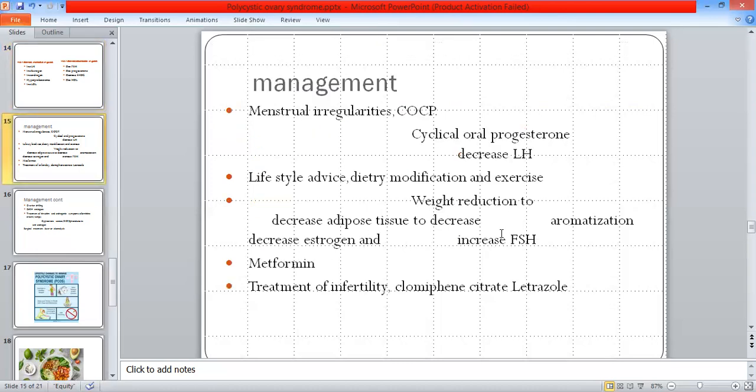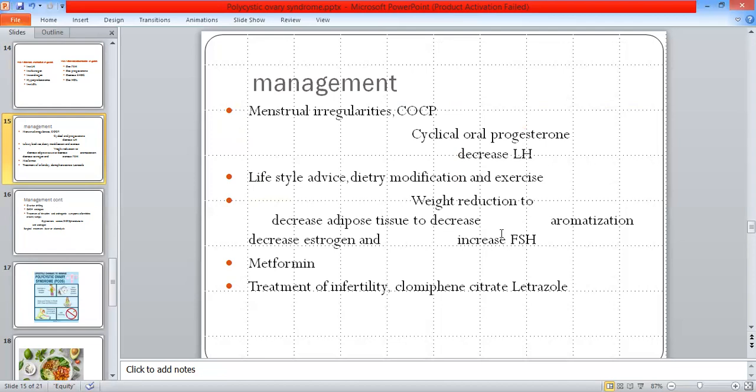Now, how will we manage the patient suffering from polycystic ovary syndrome? Polycystic ovary syndrome is basically a syndrome, not a single disease. So the management will be directed towards the different features which are present.